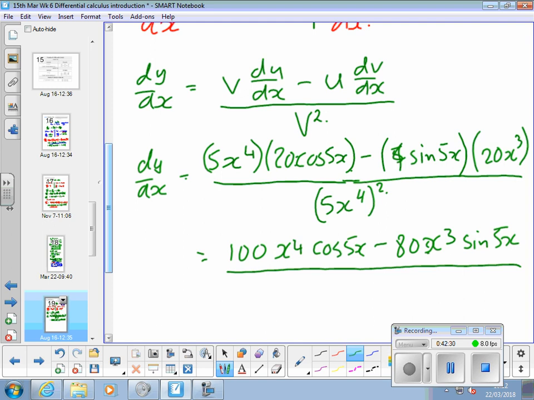How can we simplify that? Now, when we've got a power to another power, what do we do to the powers? We multiply them. Laws of indices. So we've got a square of 5, 25, x to 2 times 4 is 8.